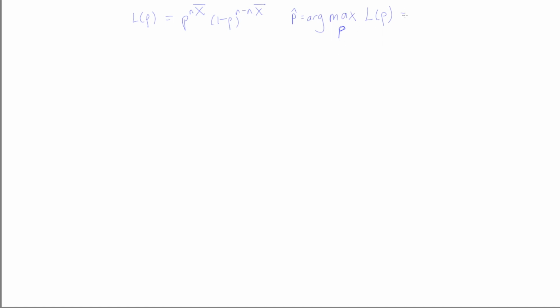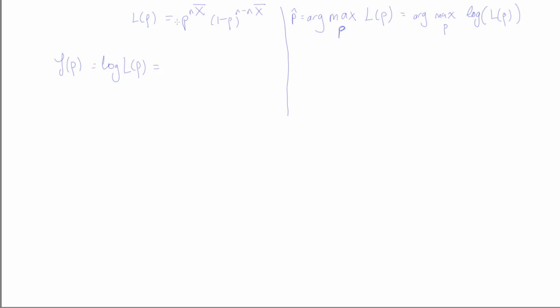Okay, well, it turns out that it's a very common trick to look at the log likelihood, and you'll see this a lot in machine learning. Because the log is a monotonic function, the P that maximizes log of L(P) is the same P that maximizes L(P). So let me take the log likelihood, this fancy L, equal to the log of L(P).